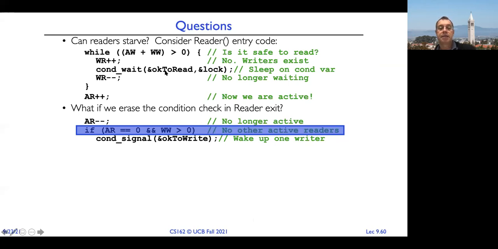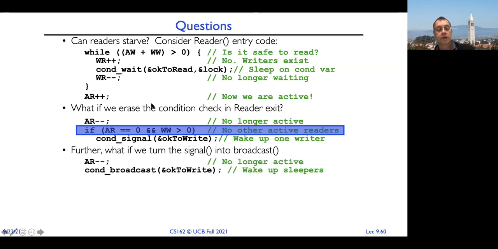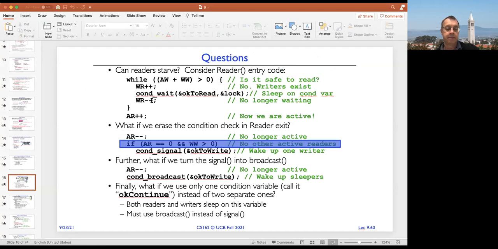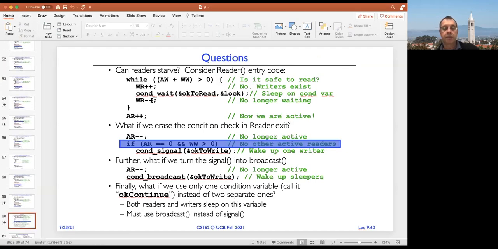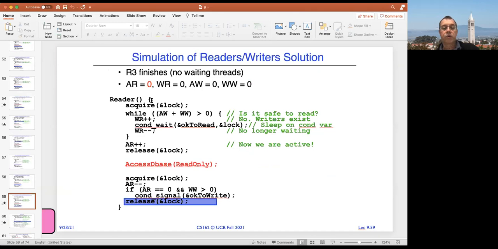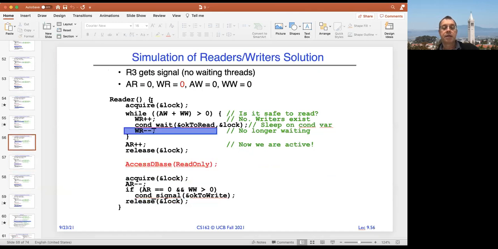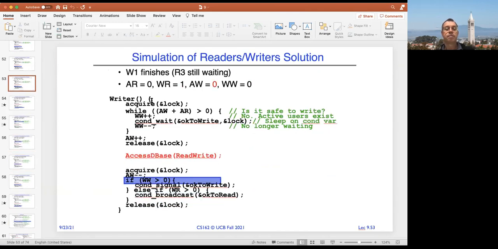Okay, let's look at this one. In order to answer that question, let's look at the code. Okay to write. So this is the writer code. So what will happen here, guys?